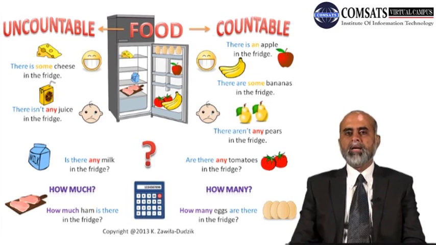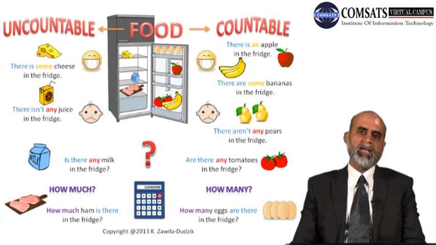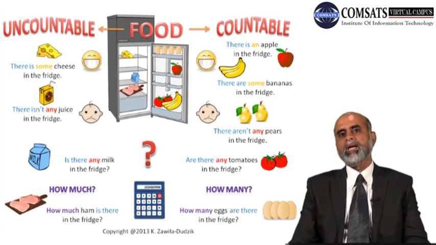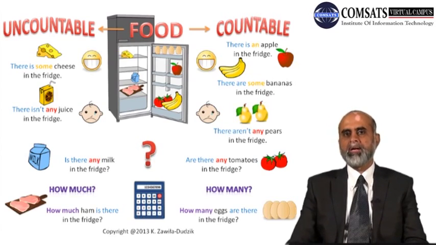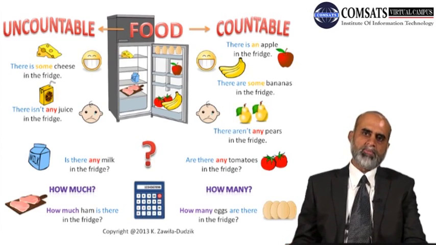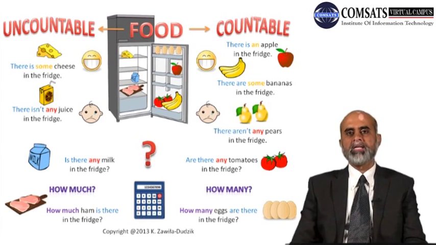And remember, a countable noun is a noun that can be counted. That means we can use 1, 2, 3 with it in English. Sometimes a noun which is countable in Urdu might not necessarily be countable in English. For example, in Urdu we can count chapatis. We can say एक चपाती, 2 चपातियाँ, 1 रोटी, 2 रोटियाँ, 3 रोटियाँ. But in English we can't say 1 bread, 2 breads, 3 breads.